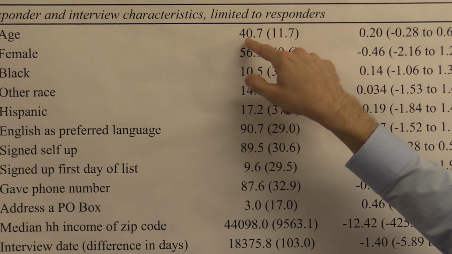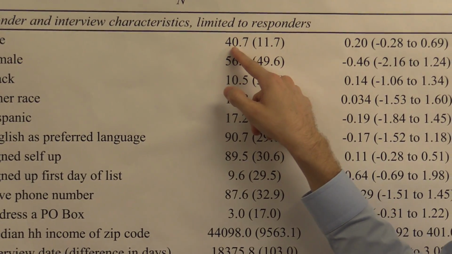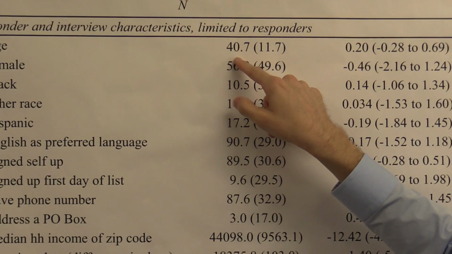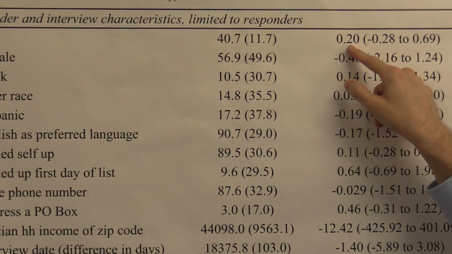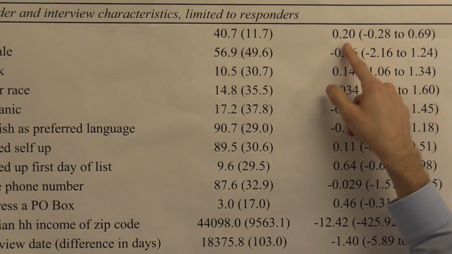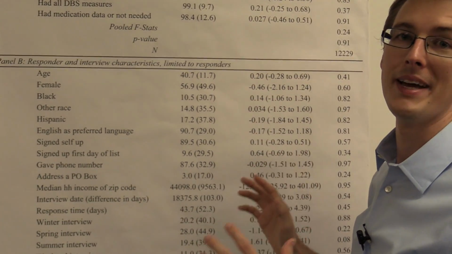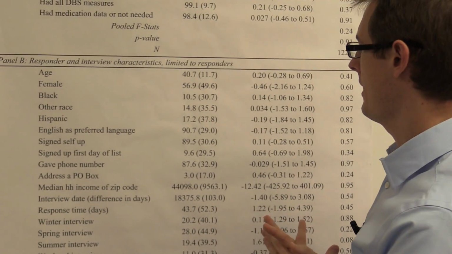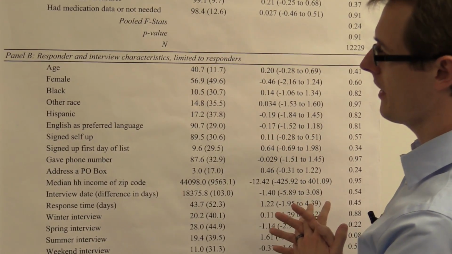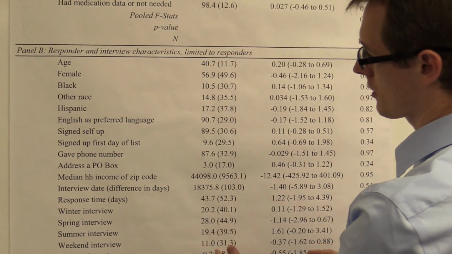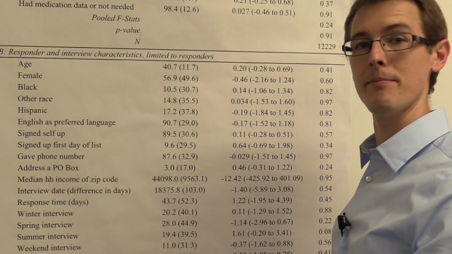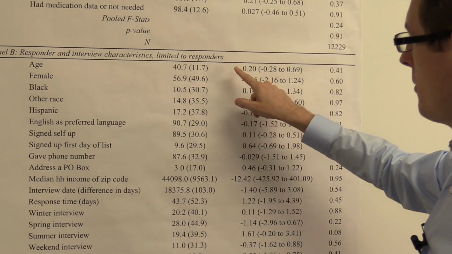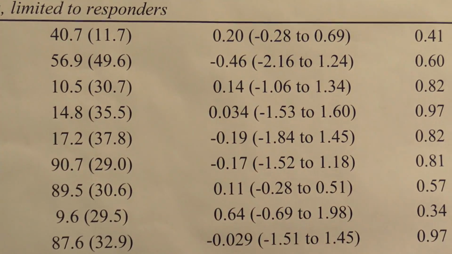So in the control group, the average age was 40 years, or 41 years. And in the treatment group, the difference between this and the average age in the treatment group was 0.2. So again, the average age looks basically the same. Okay? And so what they're going to do is compare all of these variables in the control group with the treatment group and see if they look the same. So if you do that comparison, you get these numbers here.